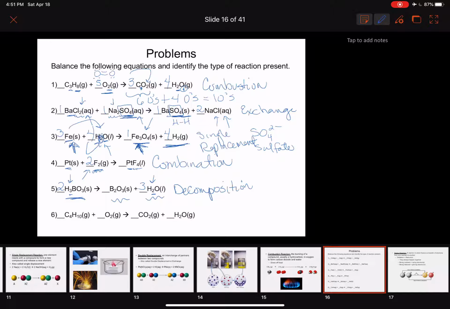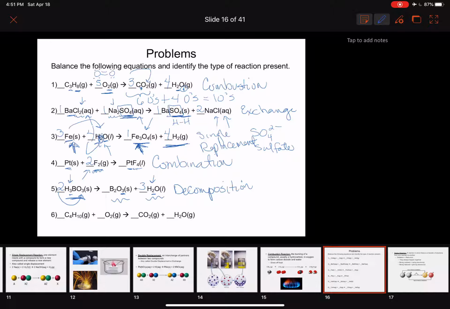How many oxygens do we have on both sides? Well, we've got 2 times 3 here, so we've got 6. And then from the product side, we've got 3 here because we have 1 B2O3.